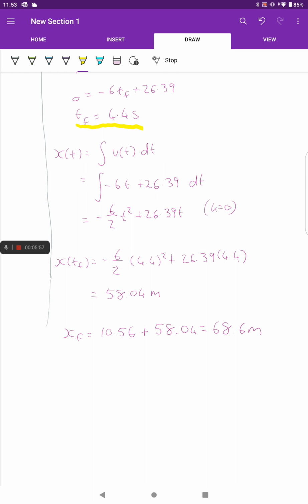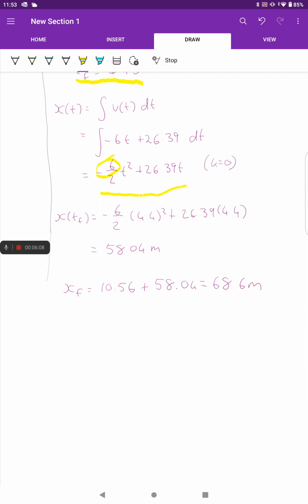So our distance function is once again very similar, only this time -6 is our acceleration. And so the distance that the vehicle travels before it comes to a stop is 58.04 meters in this case, which means that our final stopping distance is calculated here and given by 68.6 meters.